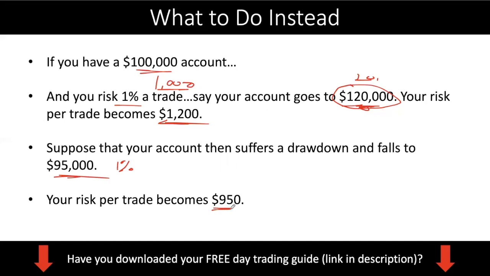So you can see that if you apply this reverse martingale strategy, when your trading is doing well and you're making money, you are risking more. You are risking $200 more over here, $1,200 is $200 more than $1,000. And when your account is doing badly, you are risking $50 less.